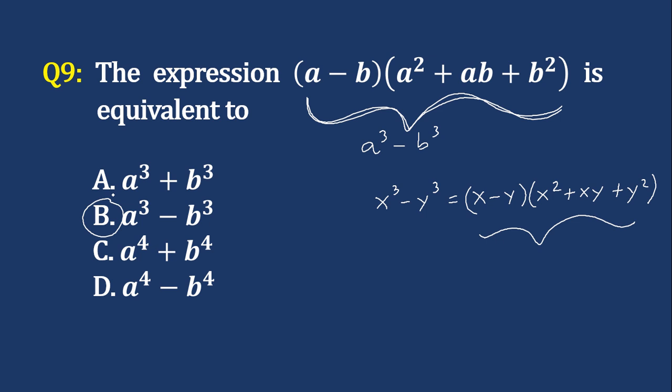Now, what if the worst case scenario is that you forgot the identity? What will you do? You just have to distribute a to each of these terms, also negative b to each of these terms, and then simplify. You will get letter B.